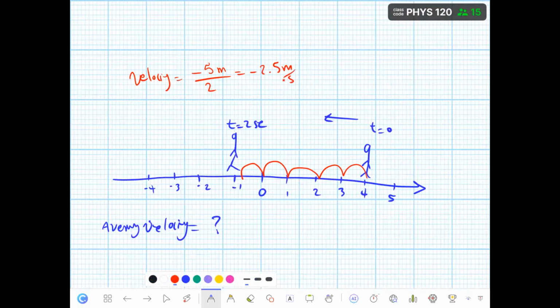What does this negative represent? Direction of motion. Okay, what is the speed? Calculate the speed.